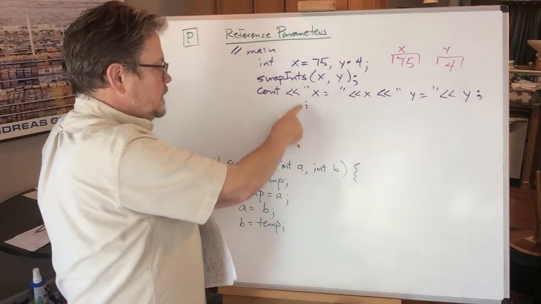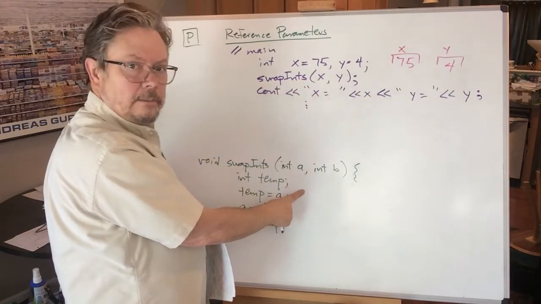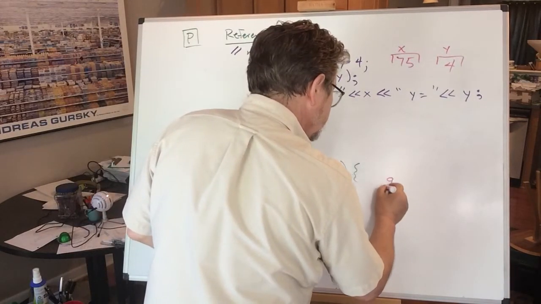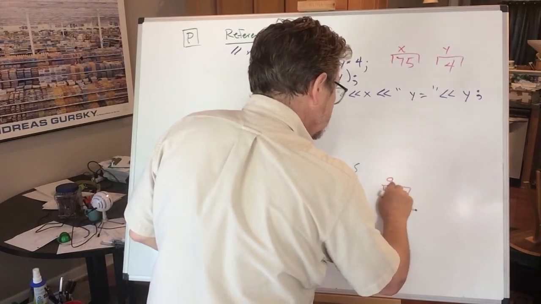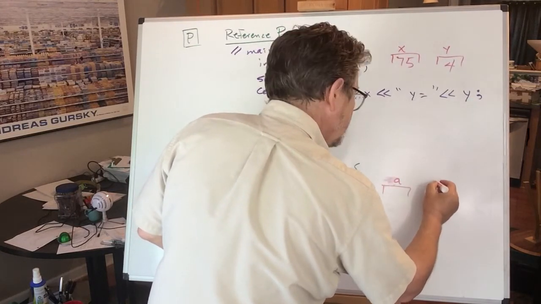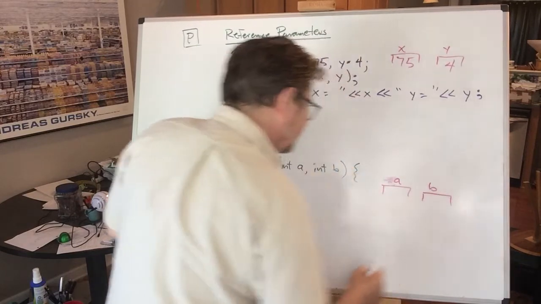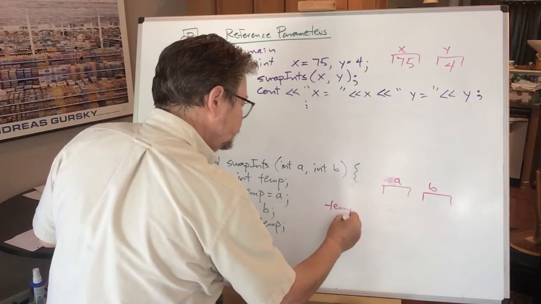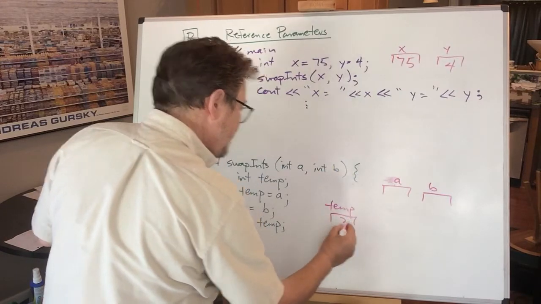So here we go, traveling down to our function, our little mini program down here. It's got local variable, not local variable, excuse me. Formal parameter A, that looks like a 9, but it's an A. Formal parameter B. And local variable temp, initially garbage.